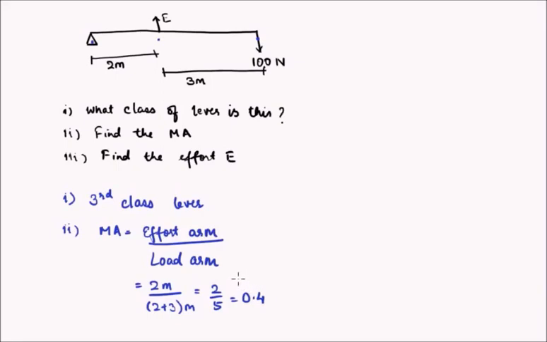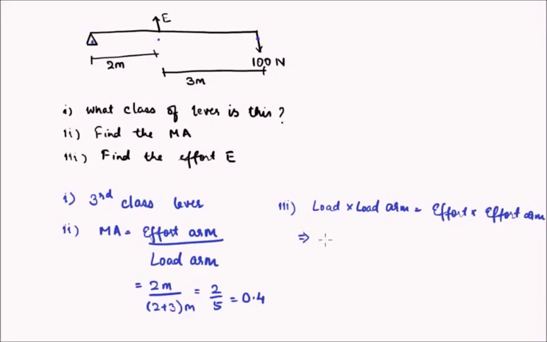Now let us check out if my prediction is right, because we need to find the effort required as a third part of the question. We will do it by the first principle way, that is load times load arm is effort times effort arm.